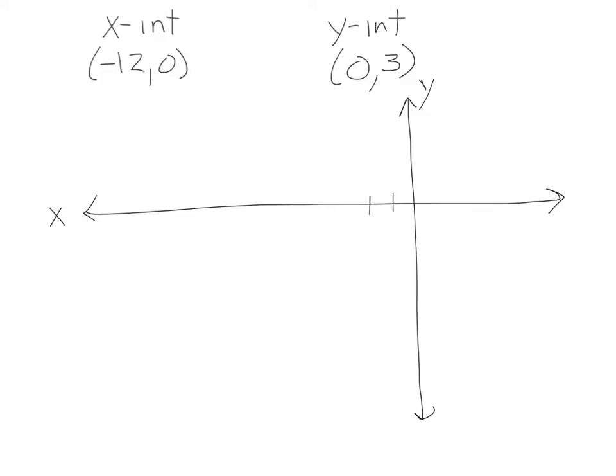So 1, 2, 3, 4, 5, 6, 7, 8, 9, 10, 11, 12, and I've tried to equally space them. So (negative 12, 0) is the x-intercept. I put a dot there, that's a point. And then the y-intercept is (0, 3): 1, 2, 3. I put a dot there. And then I connect the dots.